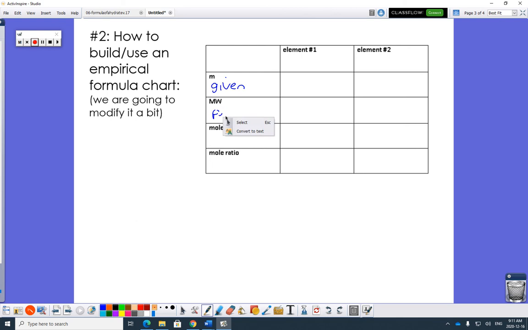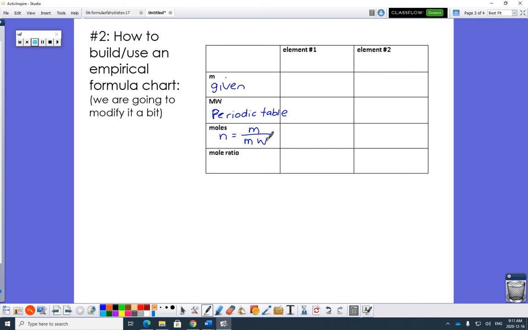This is from the periodic table. So we did a lesson on this. You guys did the lab for this, right? Whether you use the mass as percentages or given gram amounts, it doesn't matter. And then the mole ratio, you divide the moles by the smallest.